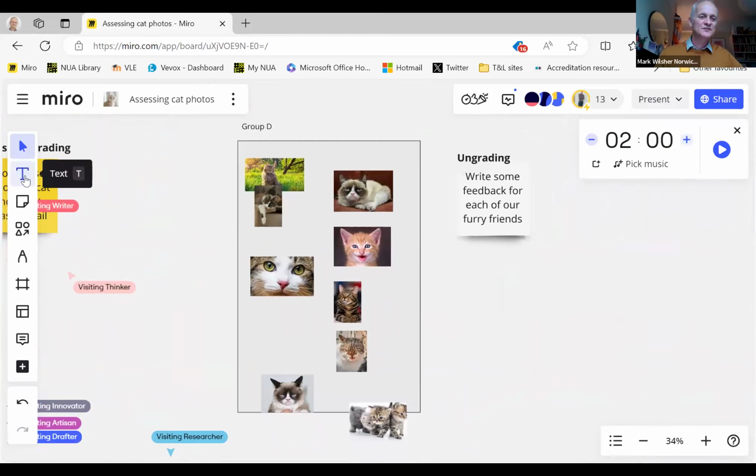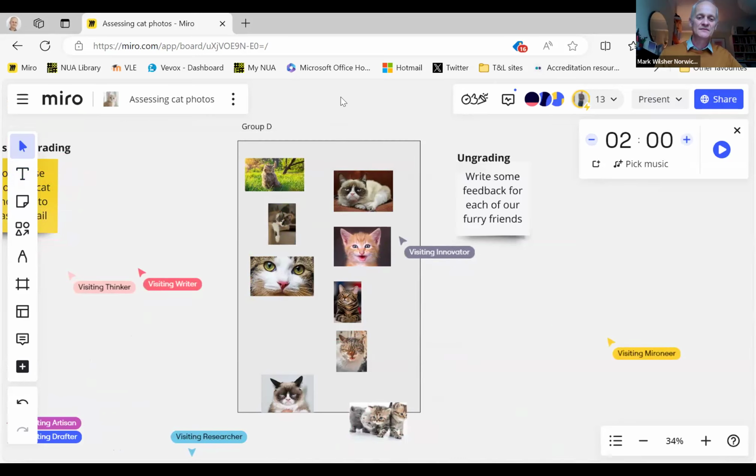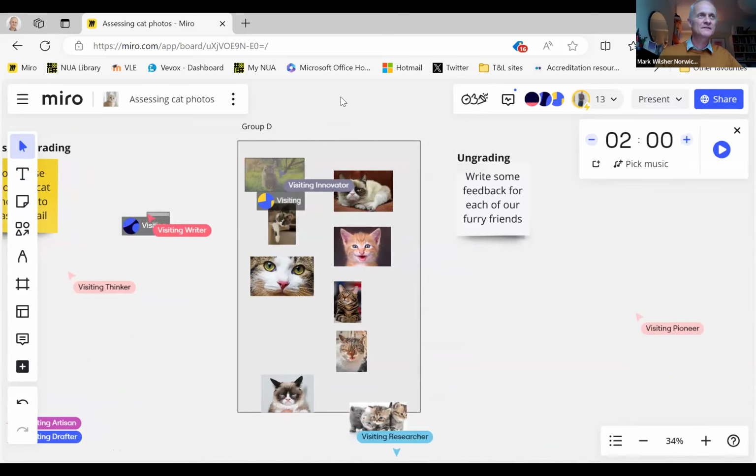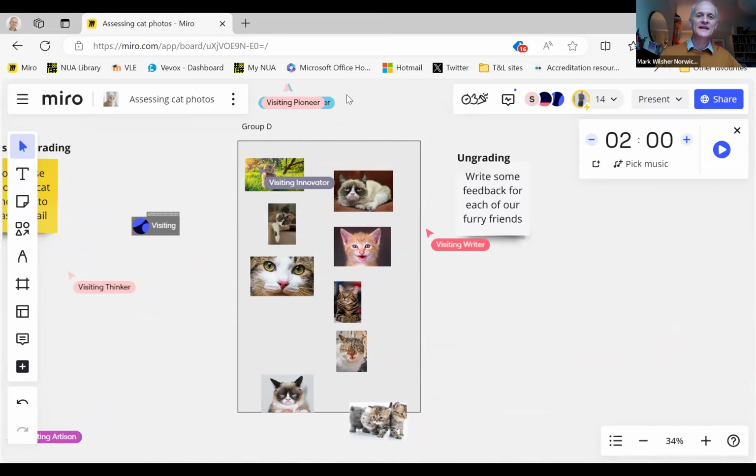You can just go to the text tool on the left with the big letter T, just like in Photoshop or a lot of other applications, and write some text next to some of these photos and give these feline friends some detailed qualitative feedback on their appearance. And then we'll have a go at comparing the outcomes of these four groups.